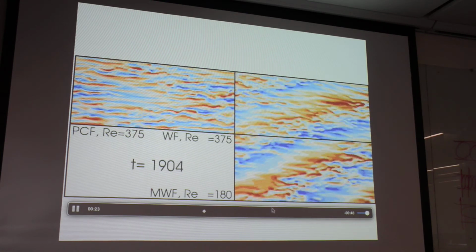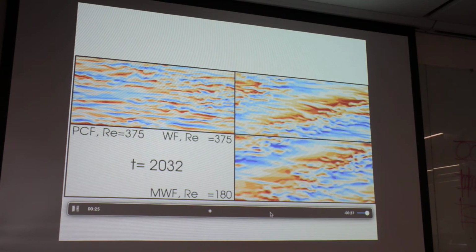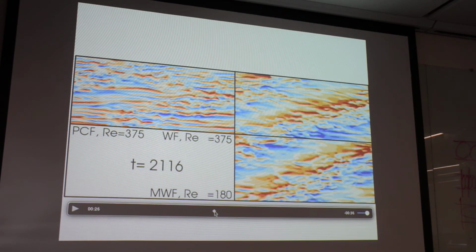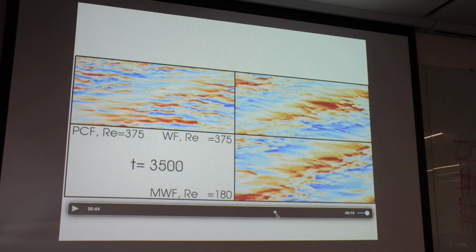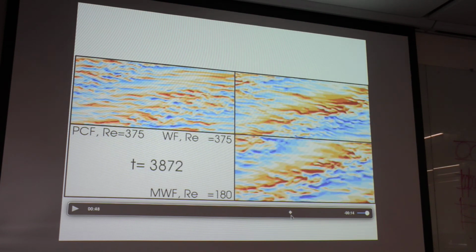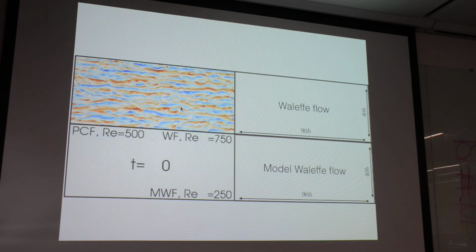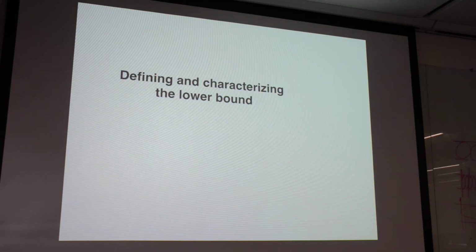Let's make it go faster. There it is. Right, so you agree it's forming bands. So we think it's okay to study model wall-free flow. It's going to help us to study this.